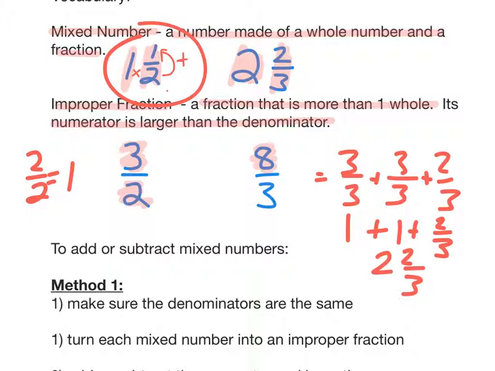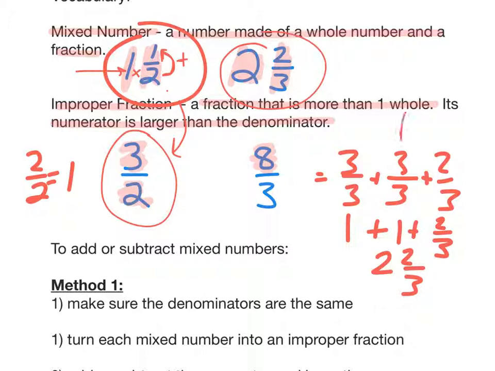So 1 times 2, and I'm looking right here, 1 times 2 is 2, plus the numerator, plus 1 is 3, and that's how you get 3/2. Let's look at 2 2/3. I already showed you another way right here, but if you multiply 2 times 3, that's 6, plus 2 more makes 8/3. So that's how you turn those into improper fractions.